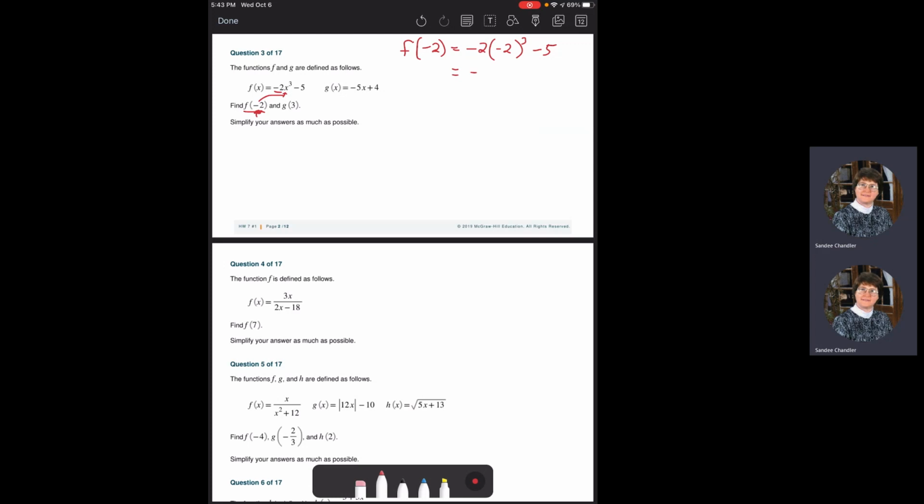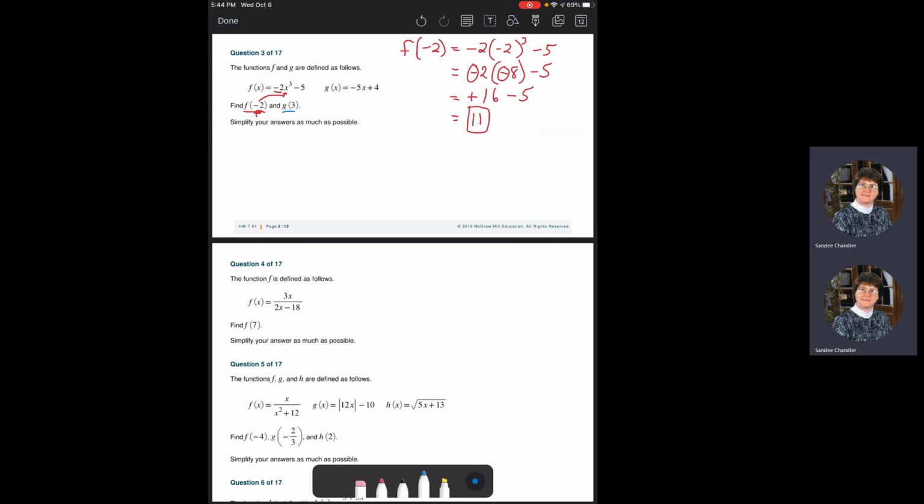Now it's just arithmetic. So negative 2 cubed is negative 8. Negative 2 times negative 8 is negative 16 minus 5. Watch out: negative times a negative makes positive. So this is 11 for our f of negative 2.